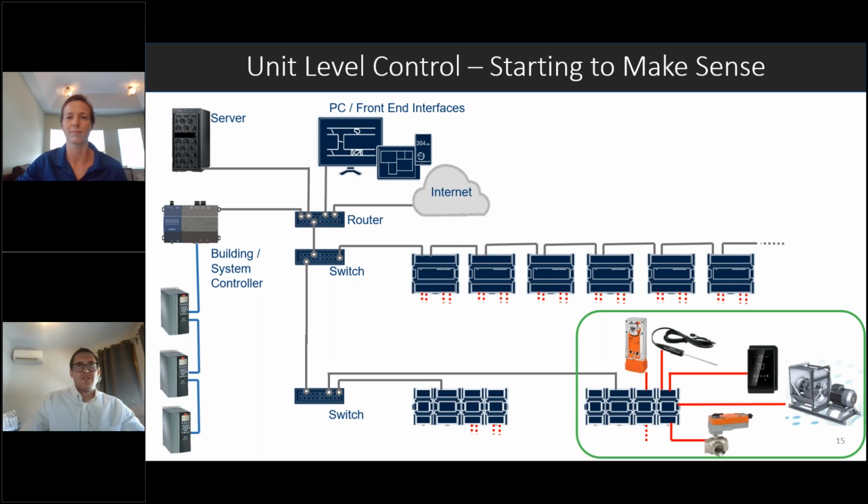This is allowing you, with these switches, to build out a lot bigger and more extensive network than what you would typically have. You're no longer concerned about the location of your building level controller, which is something you would be with the older MSTP networks.